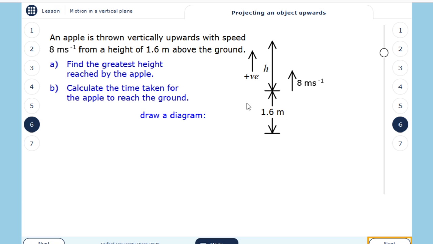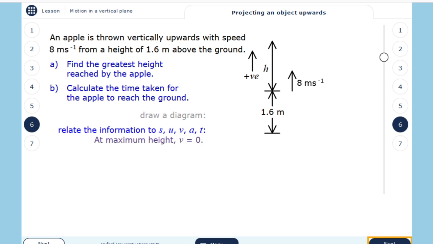The gravitational acceleration will be downwards, negative. So let's relate the information again. Now, when the apple goes upwards and reaches the maximum height, it will stop. So the final velocity will be 0.